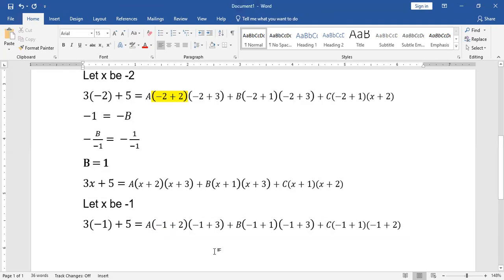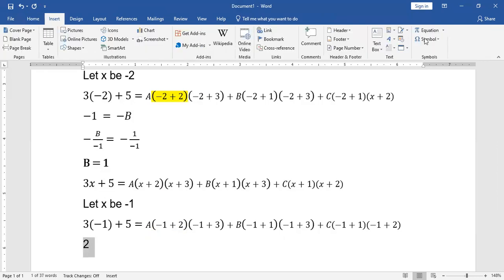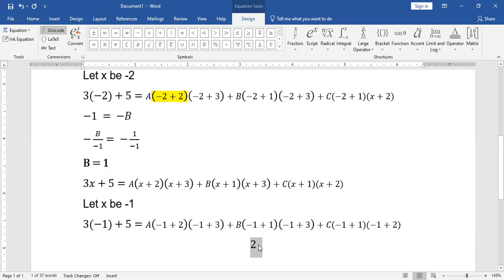All right. So 3 multiplied by -1, that would be -3. -3 plus 5, that would be +2. I shall have the 2 here, and I shall have the 2 there.